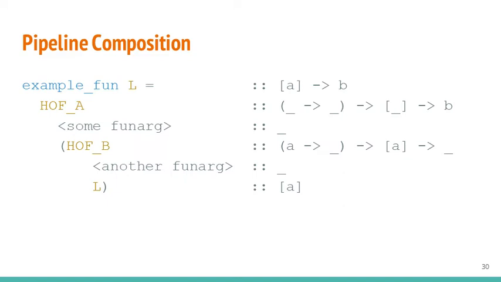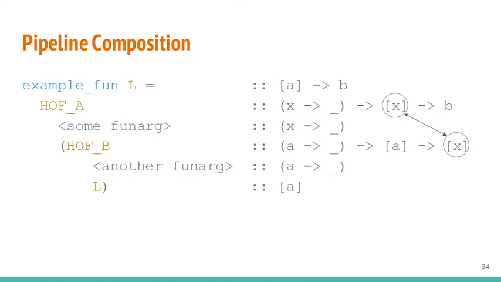Now we know that HOFA takes as input the output of HOFB, so these two circles must be equivalent. We'll call that a list of X. And that means that the funarg for HOFA must take in an X. And we're done. And in this, we see the key distinction between these two types of compositions.